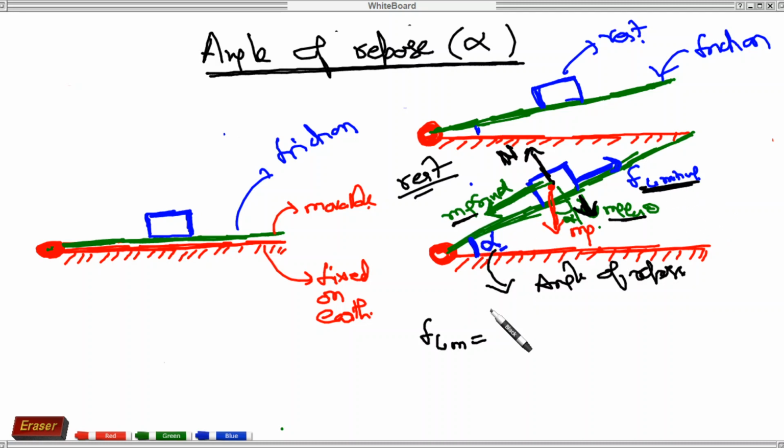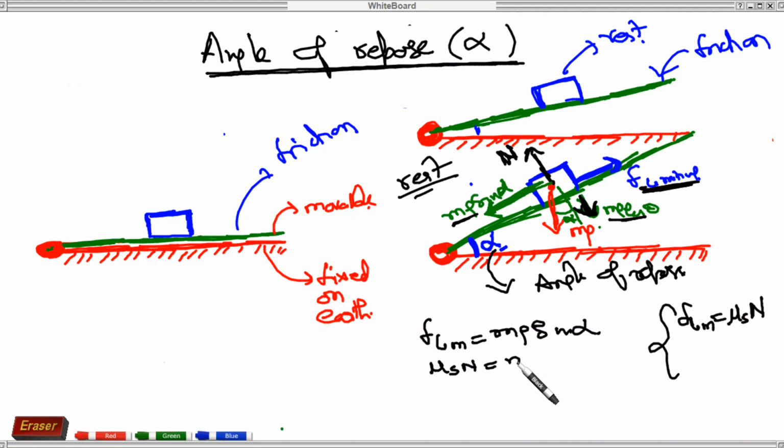F limiting is equal to mg sin alpha. I told you earlier what F limiting is: it is equal to mu s into N. So mu s N is equal to mg sin alpha. Now let's see another equation.